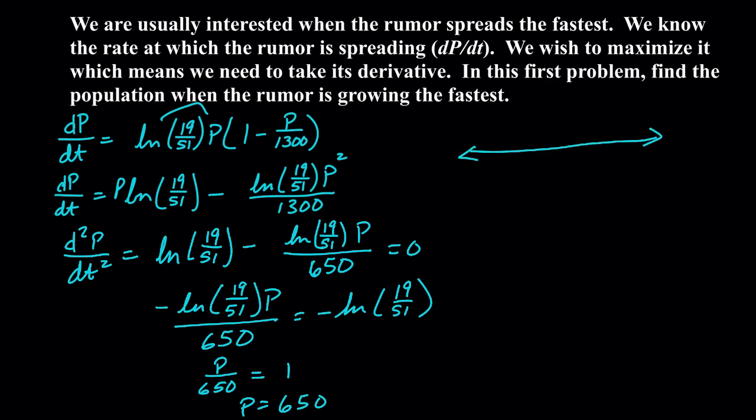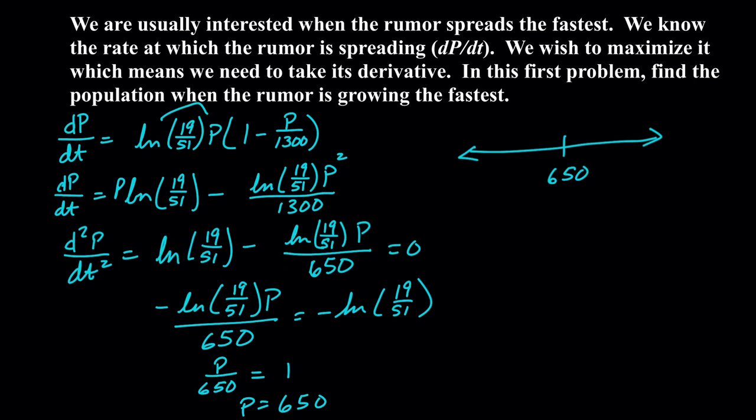So if we do a sign chart with this and we substitute values larger than 650 into our second derivative right here, this fraction becomes larger than this number.